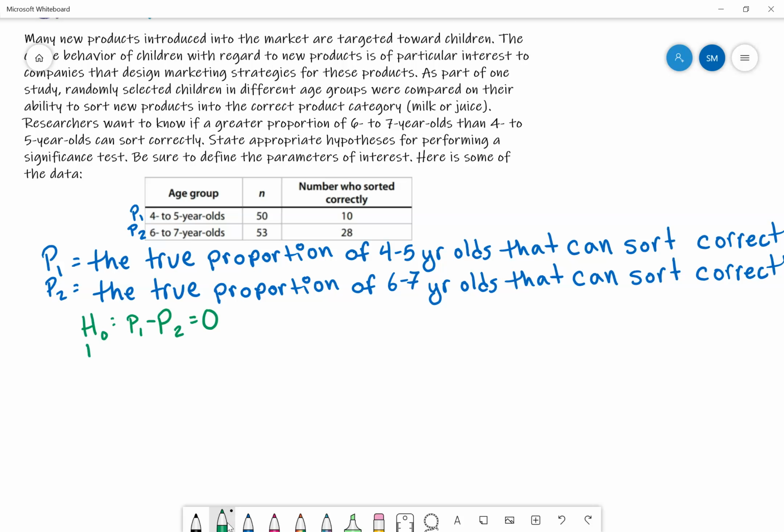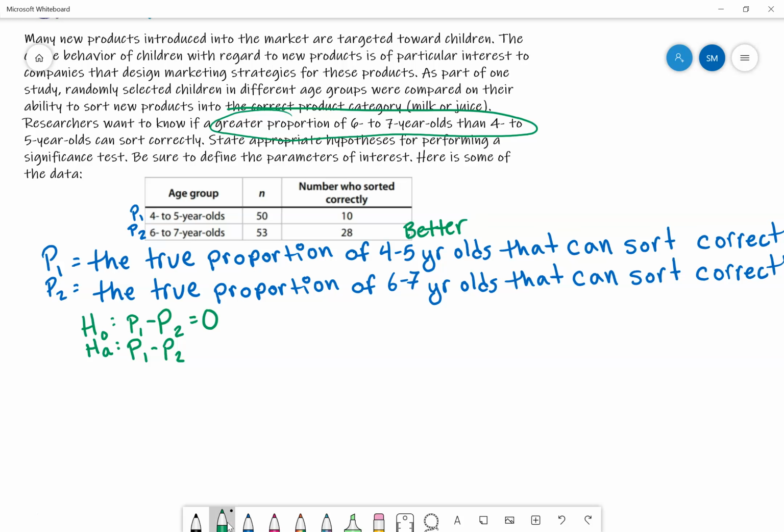So the alternative hypothesis, H sub A, we're saying that the difference is actually going to be that a greater proportion of 6 to 7-year-olds, so they want to say that these guys, P sub 2, are better.